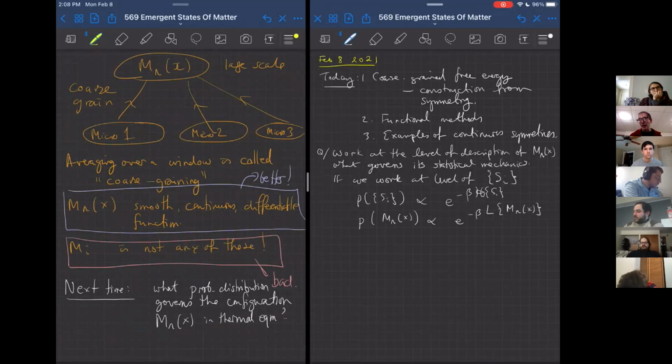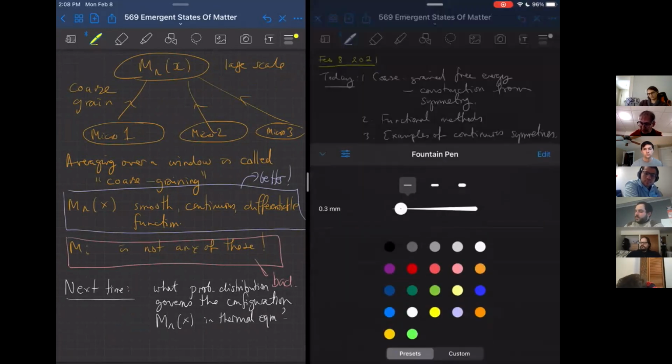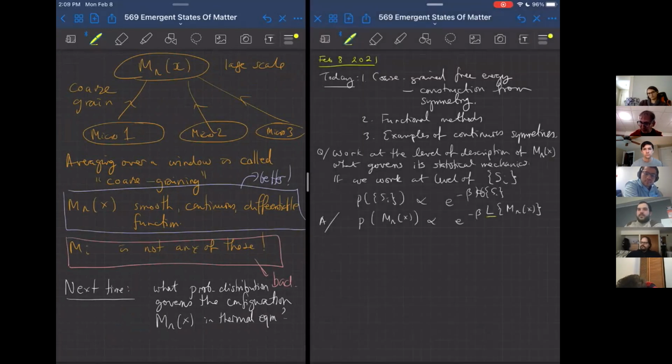And we're going to construct that and understand what it actually means. So this is going to be our answer, and so our goal then is how to construct this object.